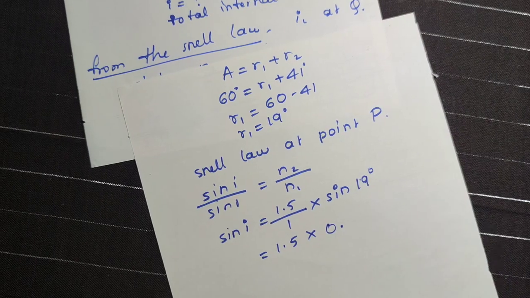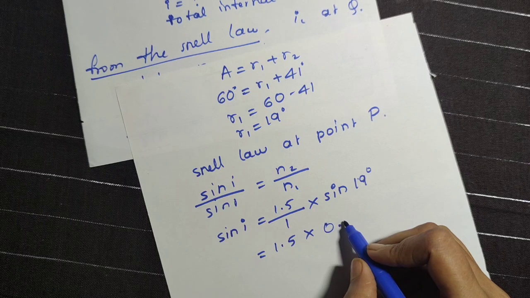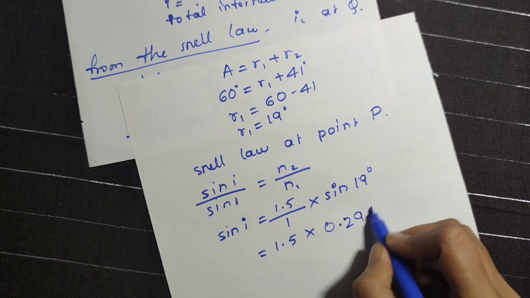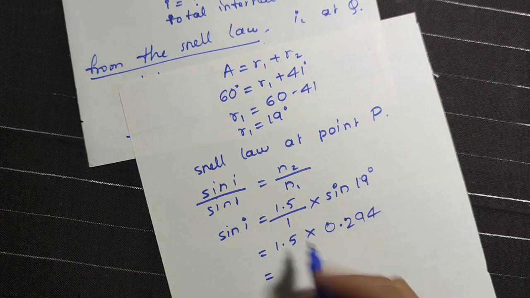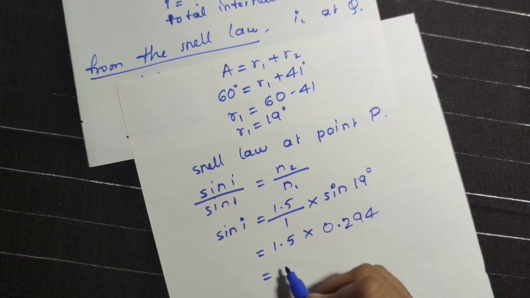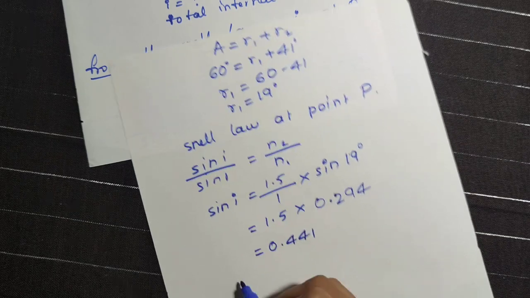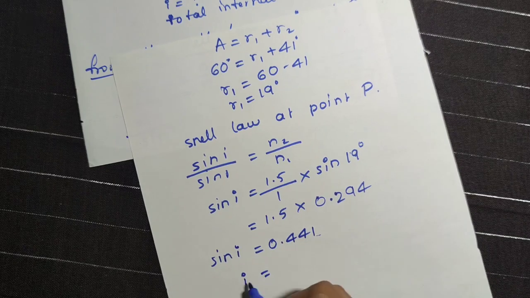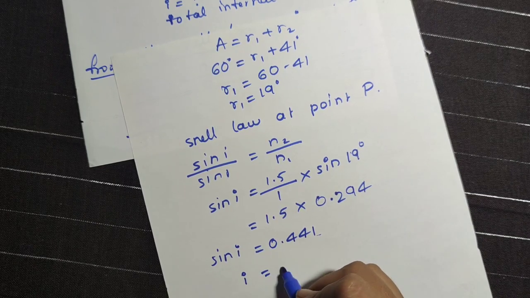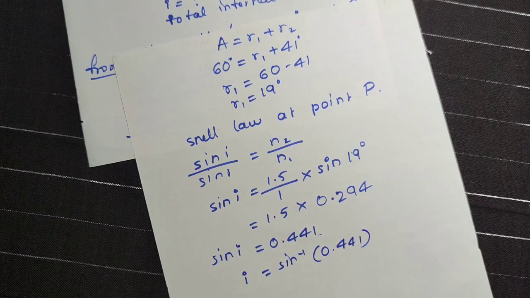Sin 19 is 0.294. So 1.5 into 0.294 is equal to 0.441. So sin i is 0.441. That means the angle of incidence is sine inverse of 0.441, which is 29.07 degree.